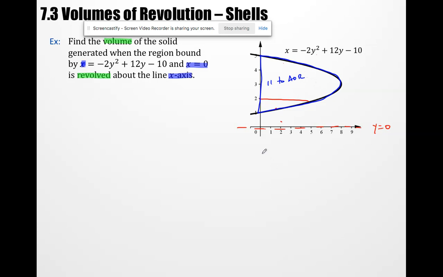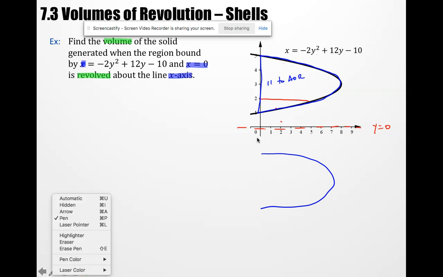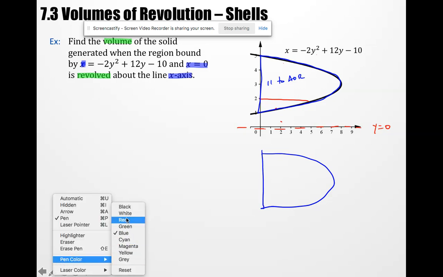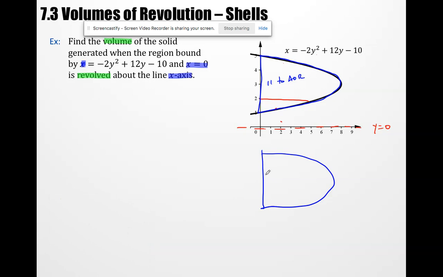Draw your image down here. Draw your representative strip. The image of your strip. Revolve. Sideways. Cylinder. Again, I'm kind of off center. I get it. Don't judge.